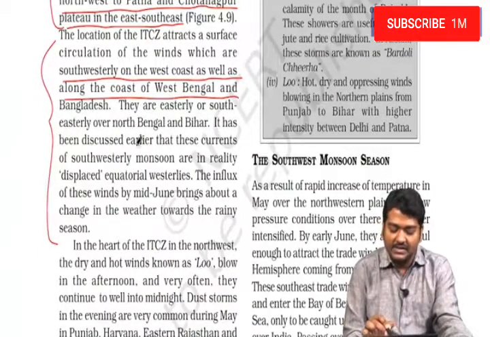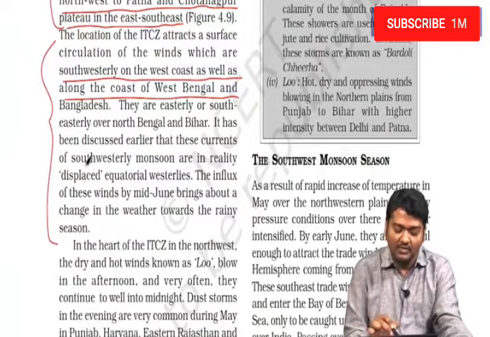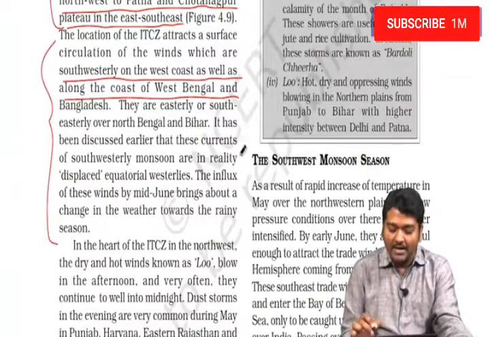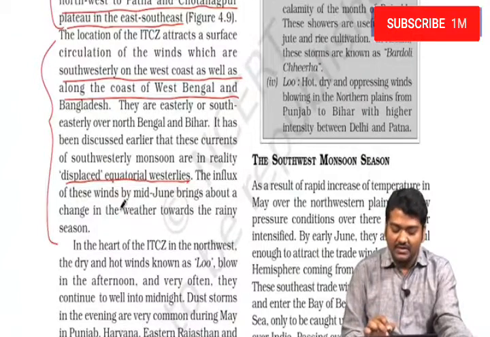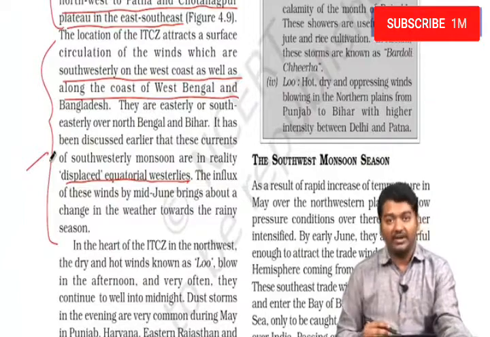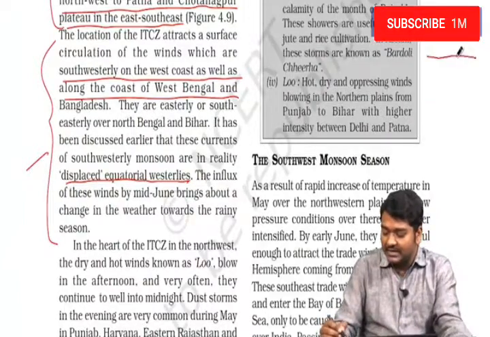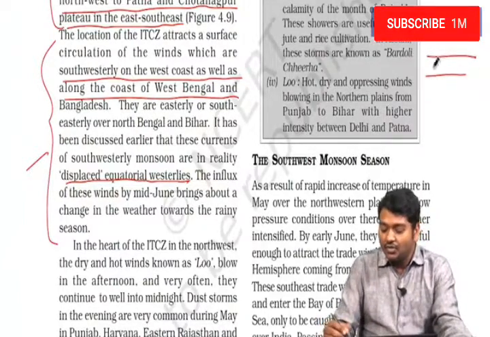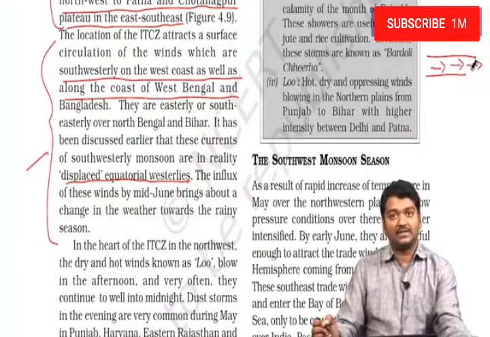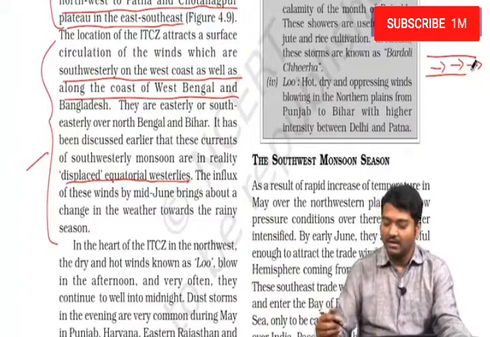It has been discussed earlier that these currents of southwesterly monsoons are in reality displaced equatorial westerlies. The influx of these winds by mid-June brings about a change to rainy weather. See, what they are trying to say is, in the ITCZ, we usually observe the winds blowing like this because of the rotation of the earth.